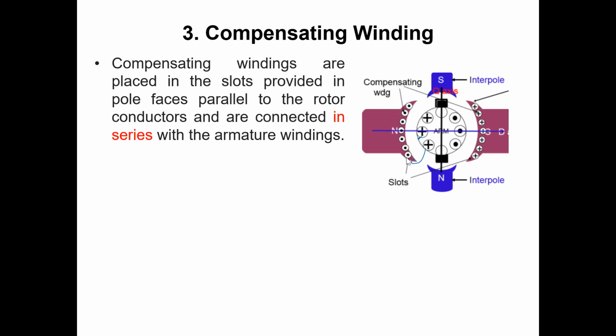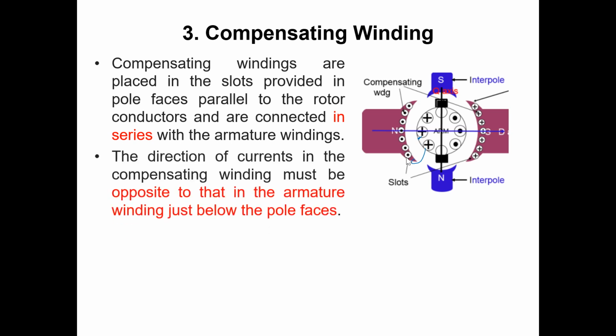Compensating windings are placed in slots provided in the pole face, parallel to the rotor conductor, and are connected in series with the armature winding. The direction of current in compensating winding must be opposite. See here, here we have a cross, here we have a dot. That means cross and dot are just opposite to each other, so that this armature reaction will be neutralized.